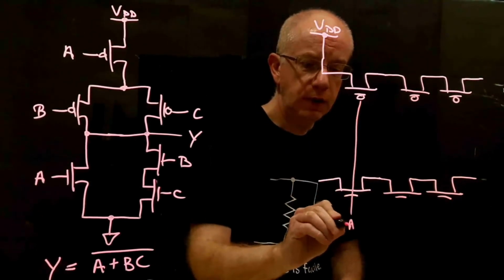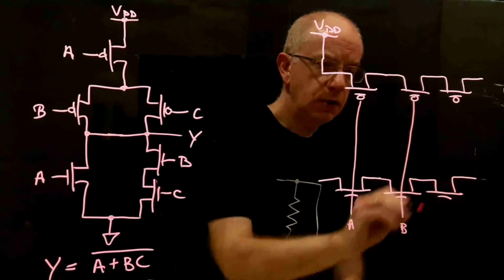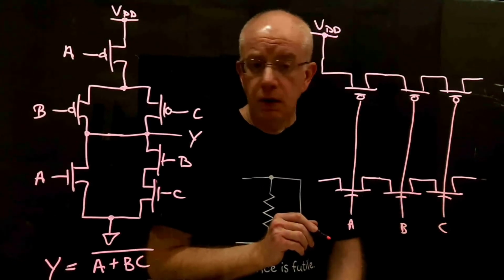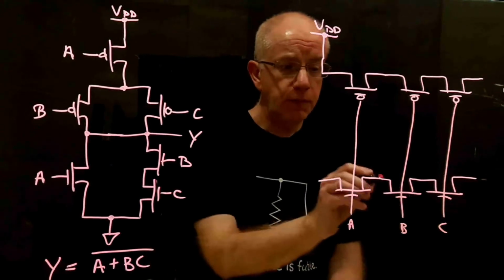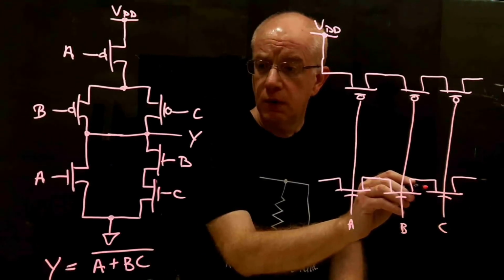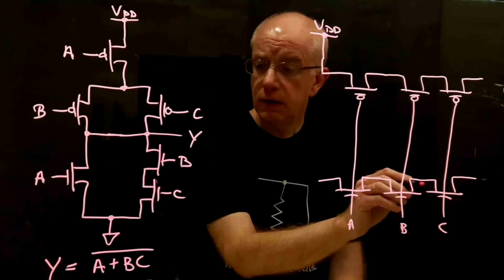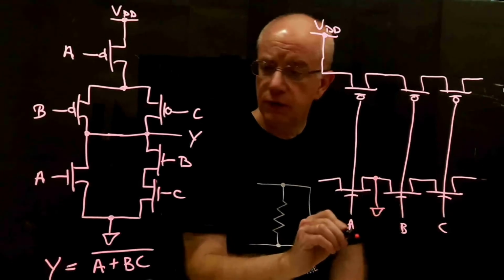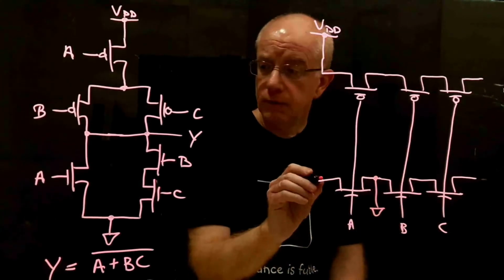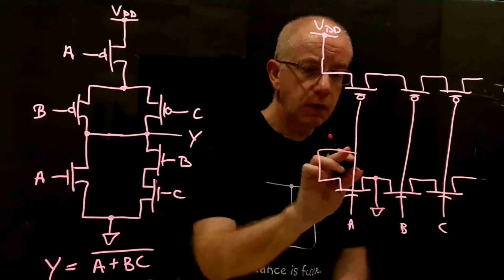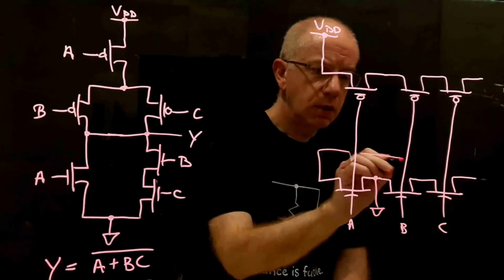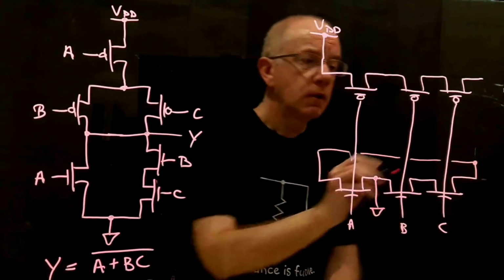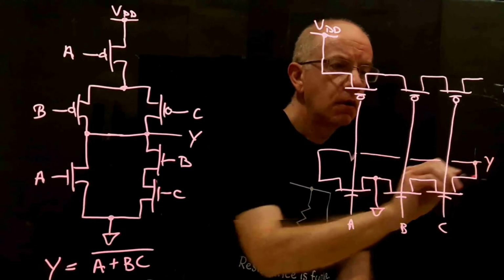So we said this was A, B, and C. And now, let's see, we're going to have B and C in series with A at the output. So this is going to be our ground tie. And we're going to have to make a jumper over here. This will be the output. Y.